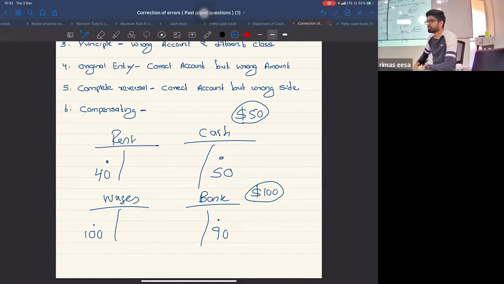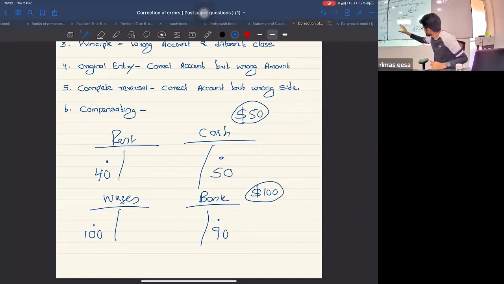140. Now tell me, if you combine the two errors together, is the total debit and total credit equal? Will your trial balance balance then? Yes. You know what compensating is? Compensating means there should be two errors. If you look at only the first error, the trial balance will not balance.